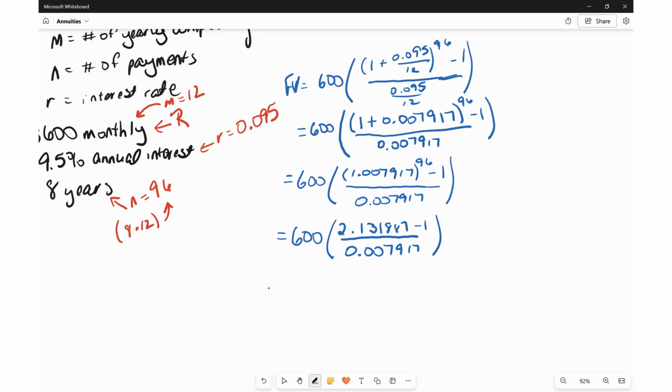Okay. All right. So now I'm going to do the next step, and I'm going to subtract 1 from the 2.131887. Okay. And now I'm going to take that and divide it by the 0.007917.